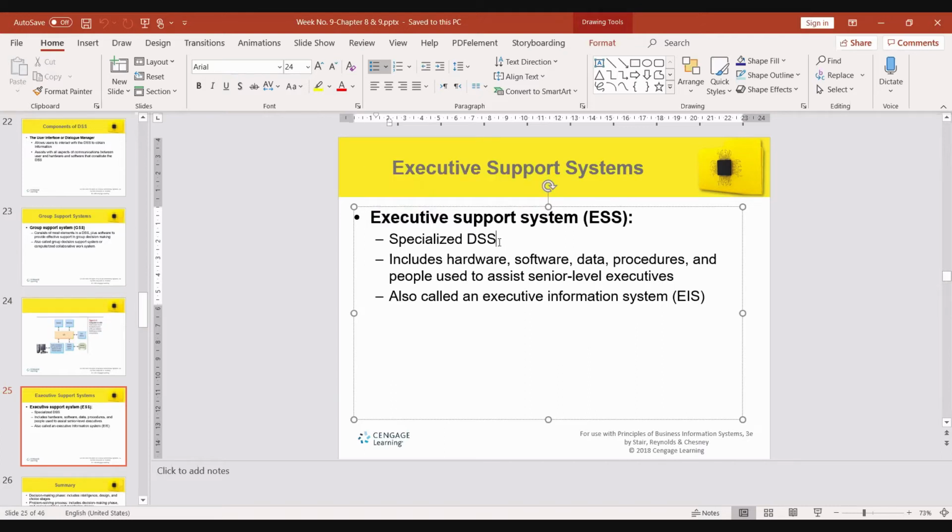It is a specialized DSS. This is also a DSS, but specific for some tasks for the top management. That includes hardware, software, data, procedures, and people used to assist senior level executives, also called executive information system. Like the vice president, there is some system that only the dean can access, not even the head of department.